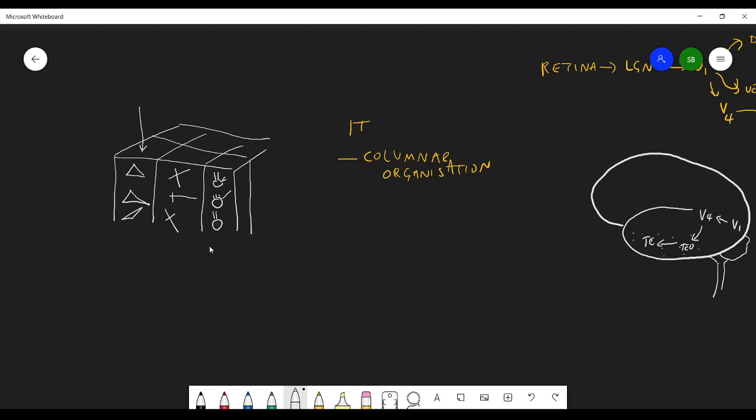So this is what we mean by that columnar organization. And again, similarly, when you go in this direction, you find that the shapes are in some way related, very much like we find the orientation columns moving as we go from column to column. We find there's a relatedness of the shapes as you move across the inferior temporal cortex.